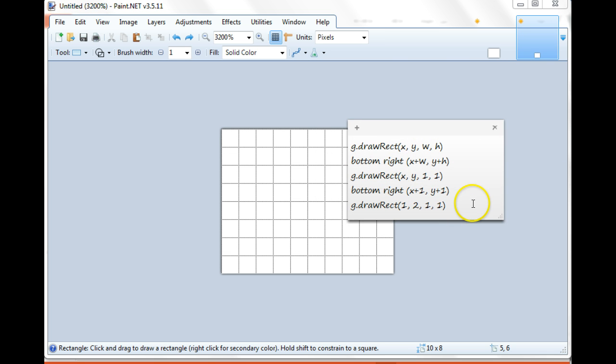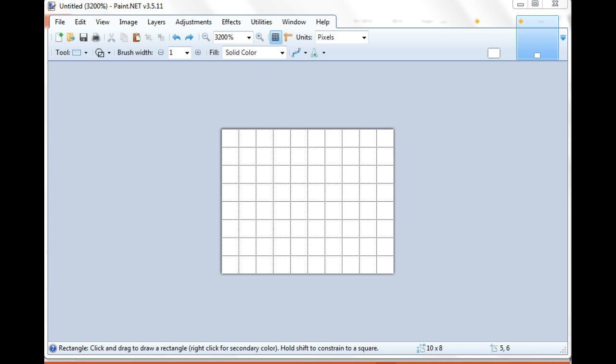So what I'm actually doing is I'm drawing a rectangle that starts at 1, 2 and ends at 1 plus 1 and 2 plus 1, right? So its bottom right corner is going to be at 2, 3.